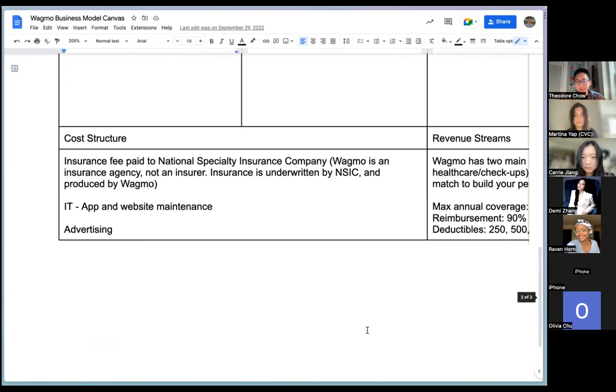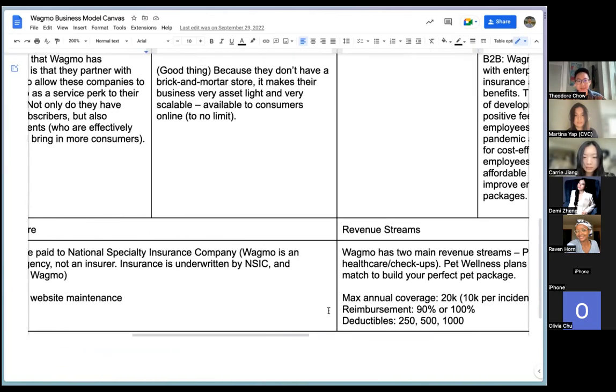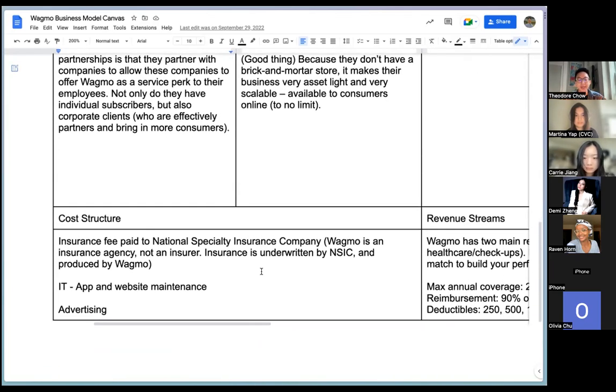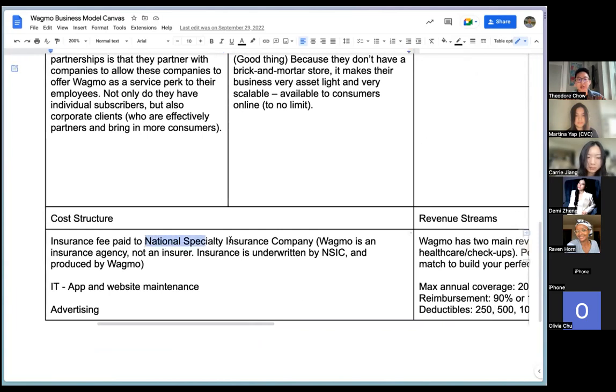Okay. So last couple things, the cost structure is basically a fee paid to the insurance provider, and then everything else that's not paid to them is the premium that they get, and that's what they can use for their profit. Obviously, they have their IT, app and web expense, as well as advertising expense. In this, because I was writing it for another company, I wasn't actually sure what these costs are.